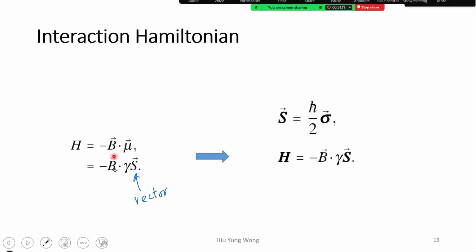The Hamiltonian is the magnetic field times the magnetic moment, and the magnetic moment is the gyromagnetic ratio times the angular momentum vector. But in reality, it should be the magnetic field dot product gamma with the matrix, the spin magnetic moment operator.